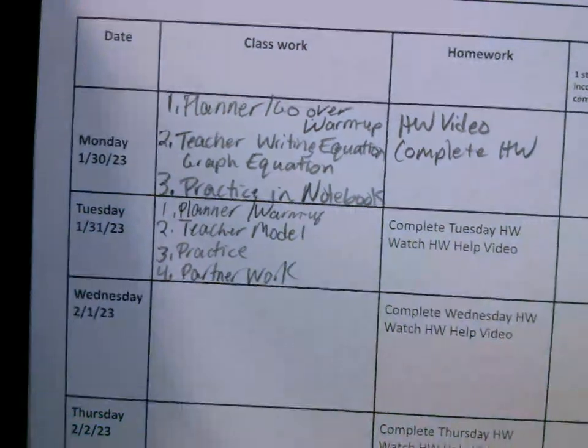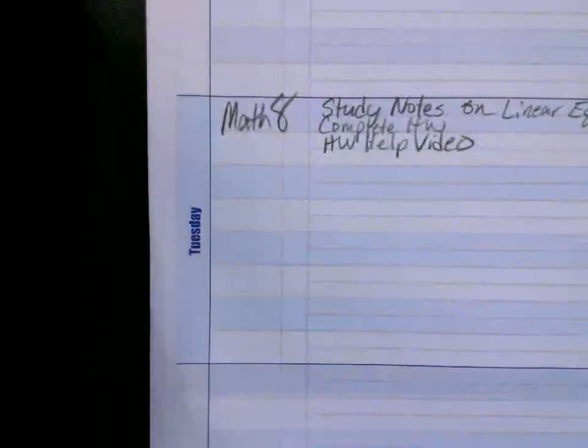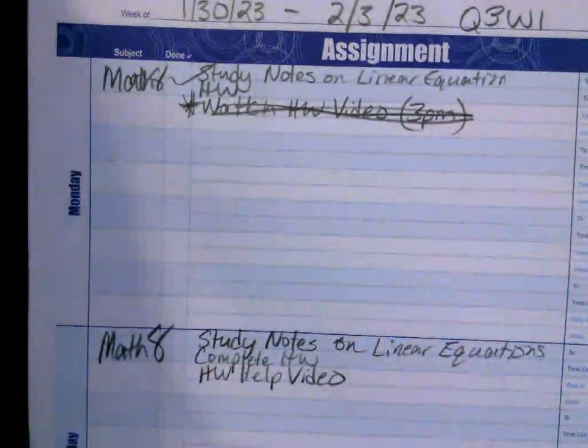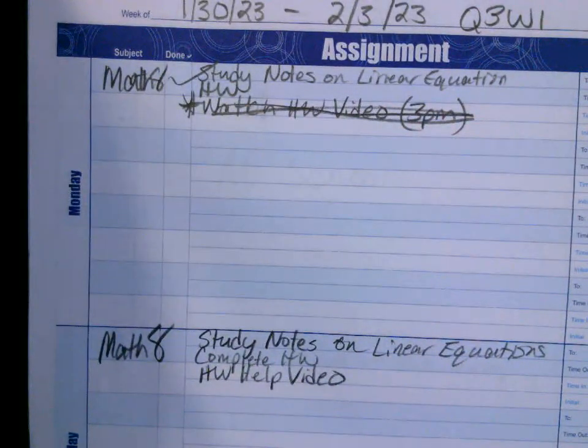All right, let's look at our planner. If you studied your notes from yesterday, please make sure that you check that off. Let's write down our homework in our planner for today.